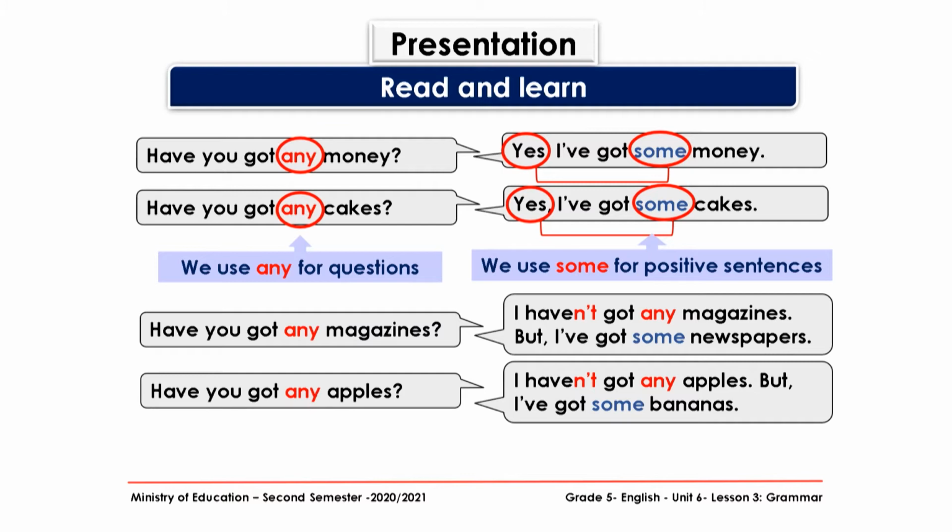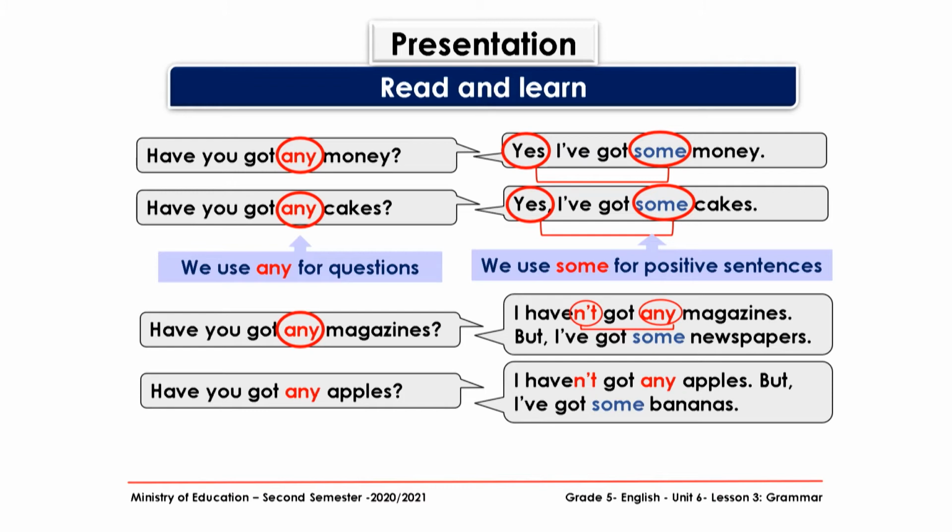You can notice here that we also use any to ask questions about quantity, but because we have a negative sentence, we used I haven't got, then we put any before the object. So if we have a negative sentence, we will use any before the object.